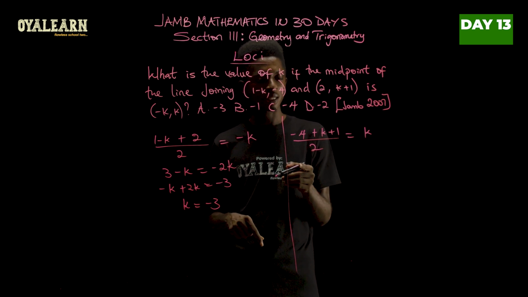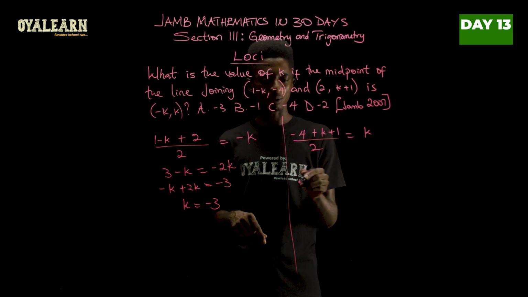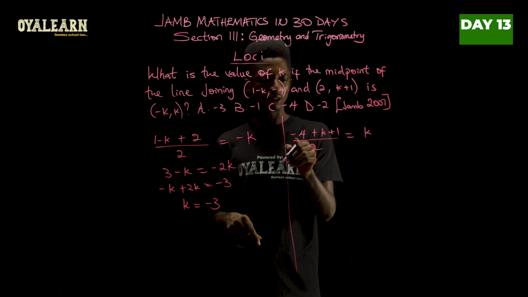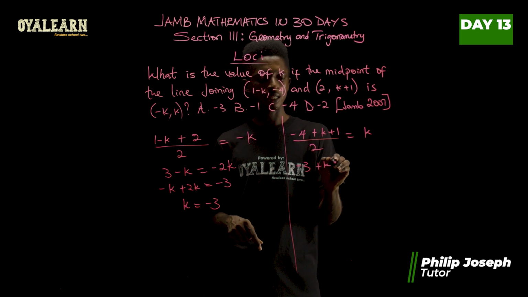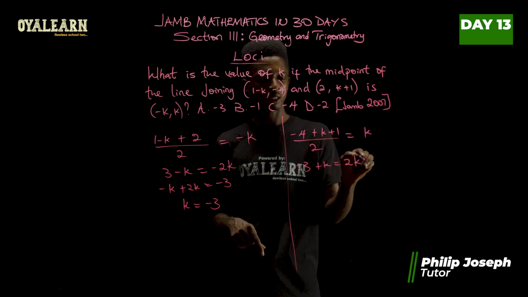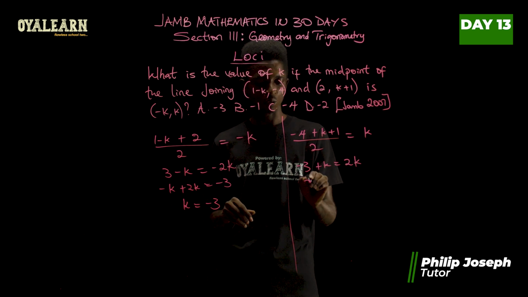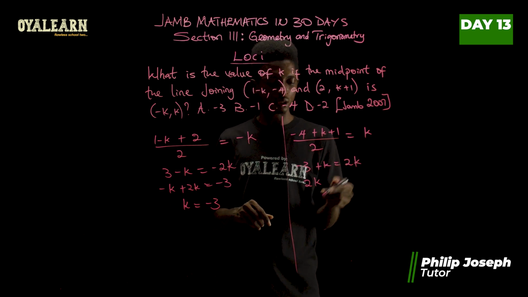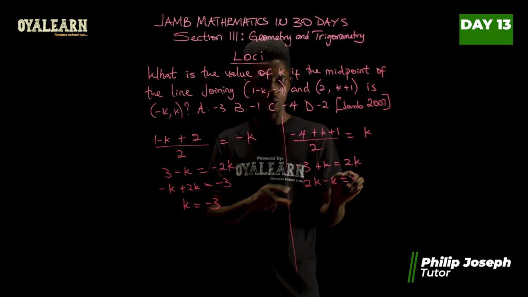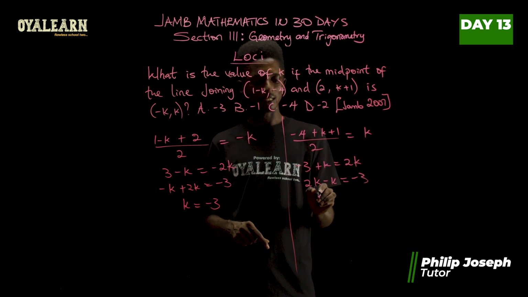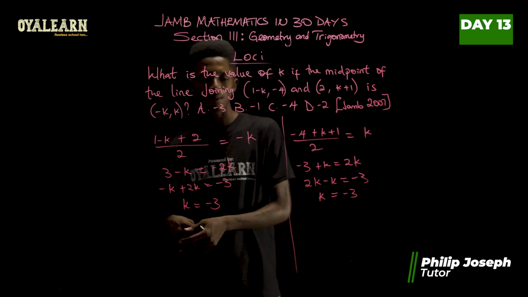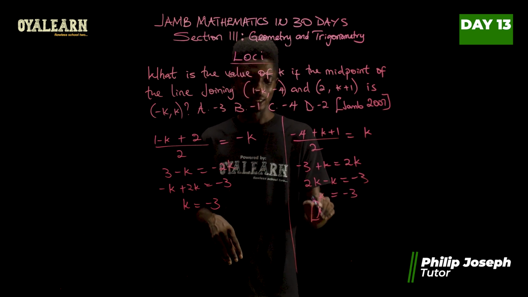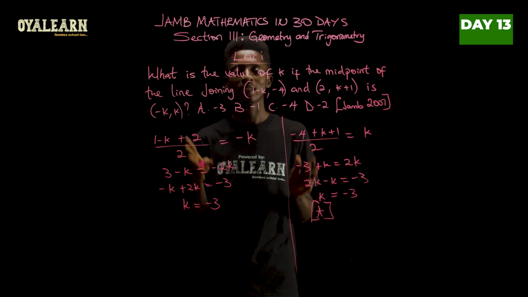Now from here we see that when we cross multiply, we would have minus 4 plus 1, which will give us minus 3 plus k equals 2k. Collecting like terms, we would have 2k, then plus k come here becomes minus k equals minus 3. And the difference here is k, so k equals minus 3. So the same answer both ways, all saying the answer is option A.